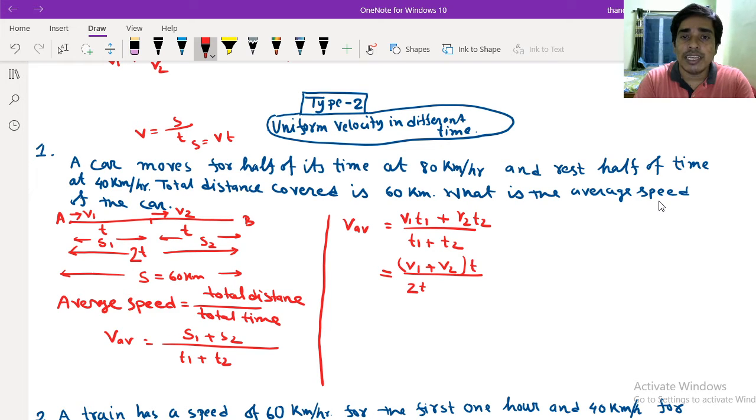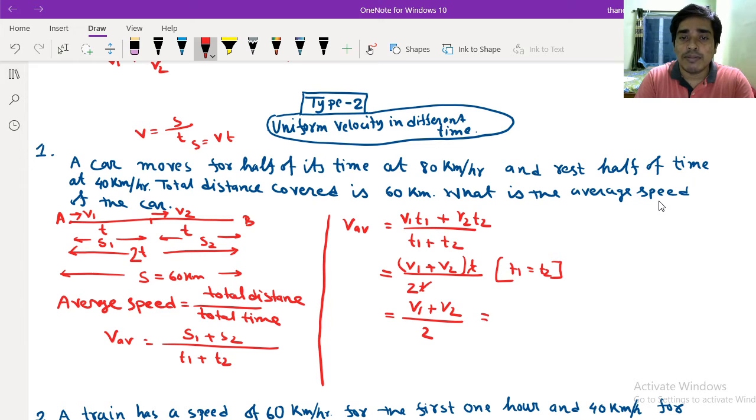T1 equals T2 and T1 plus T2 equals 2t, so T cancels out, so V1 plus V2 by 2.